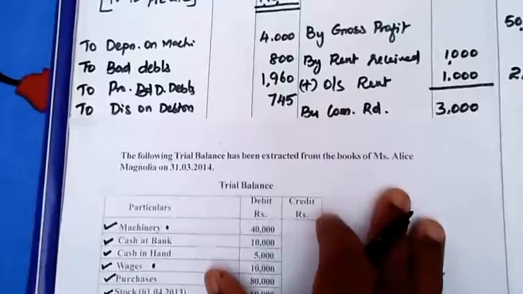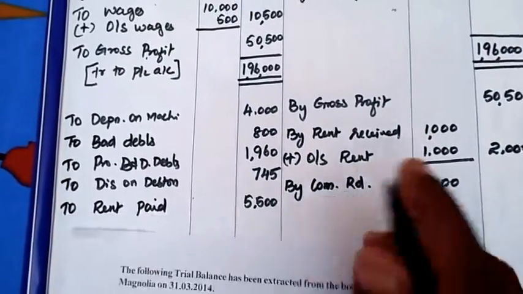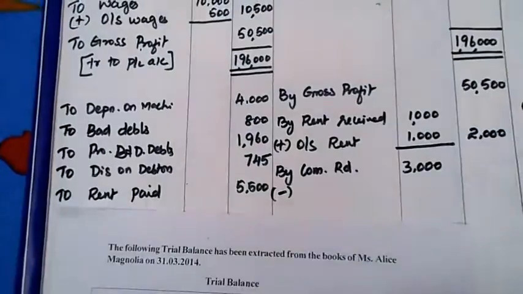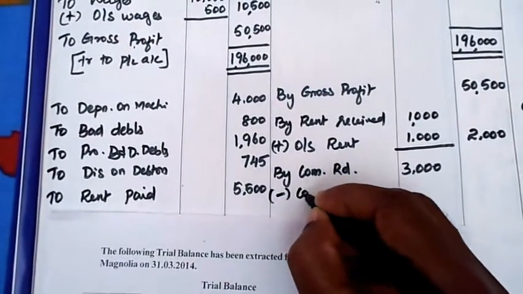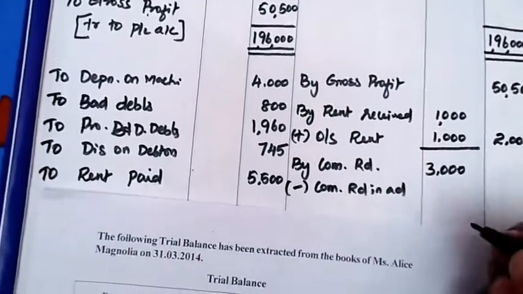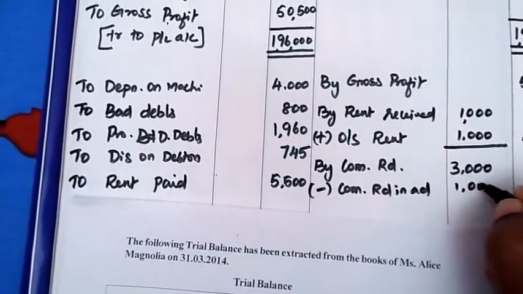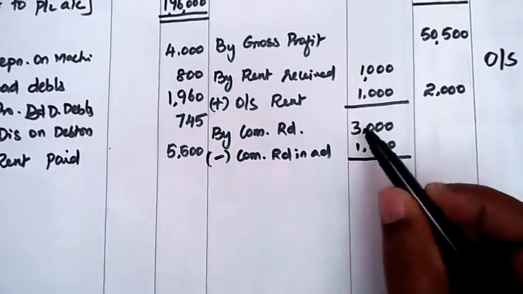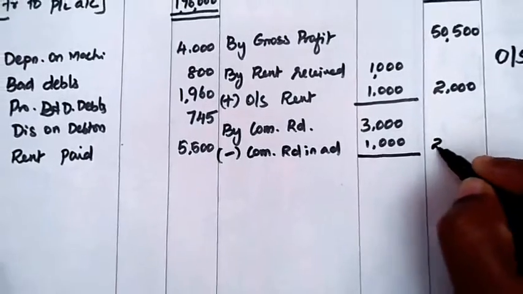Just go to the P&L account. Credit side we have entered 3000. According to the adjustment, commission received in advance, how much? 1000 rupees. Just subtract this. Subtract the 1000 rupees from 3000. What is the difference? 3000 minus 1000, 2000 rupees.